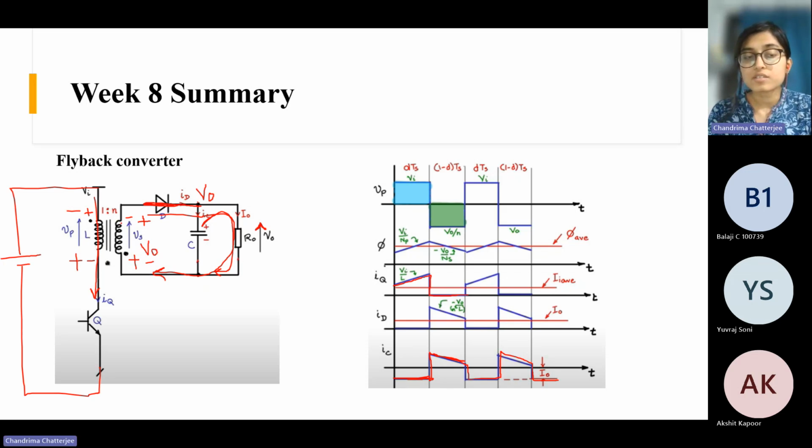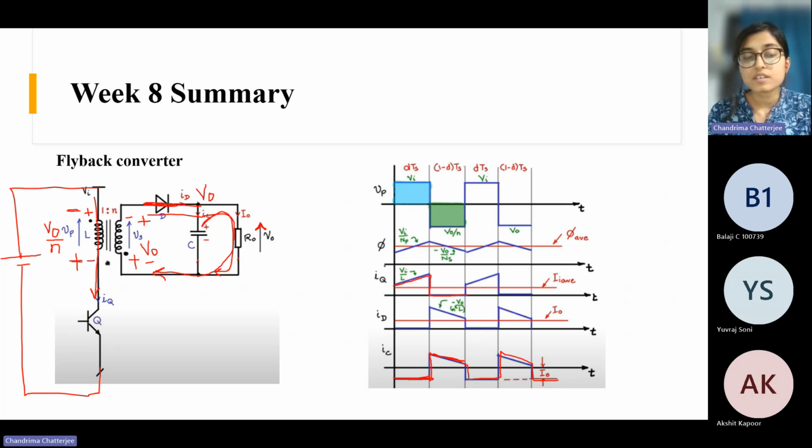Now, as this secondary winding voltage is V naught, what will be the voltage here? The voltage here will be V naught by N, right? If the turns ratio is 1:N, the voltage in the primary winding will be V naught by N with this polarity, plus here and minus here. And this is V input.